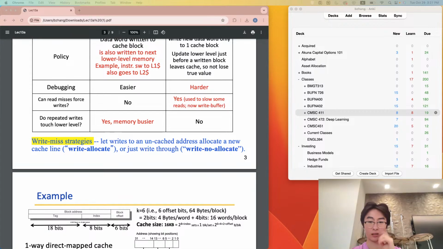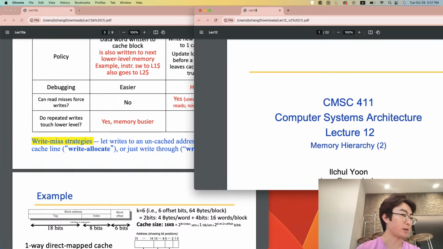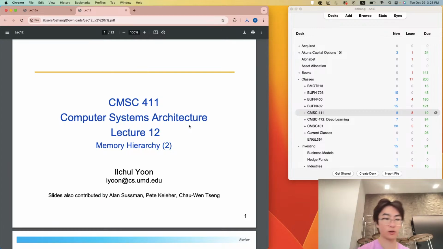So this is actually a more in-depth lecture. Actually, this might be more helpful. I'm going to try to look for some paper too.